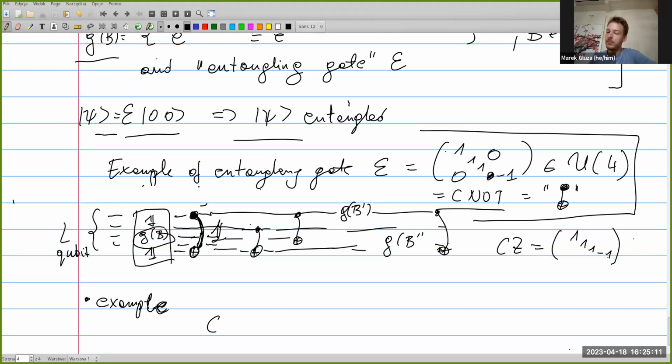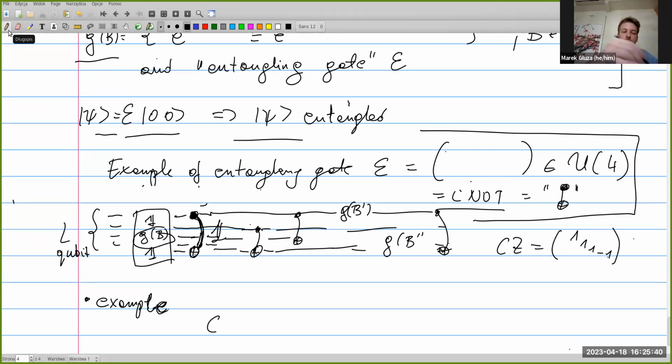That's another very common operation. A C naught I actually wrote incorrectly here. A C naught would be a matrix which is off diagonal, so 0 here, 0 here, 0, 0, 0, 0, 1, 0, 0, 0. Okay, I will rewrite this.